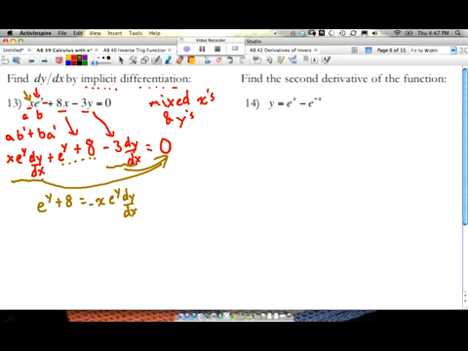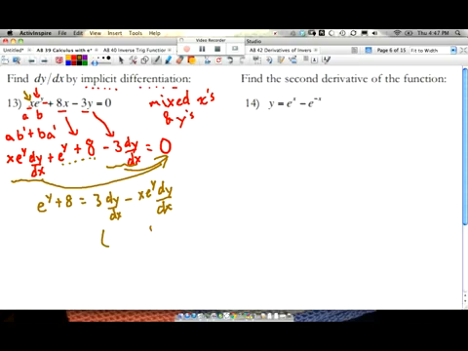But that's minus, actually. So I'm going to write that one second, just for cleanliness. So I'm going to have 3 dy/dx minus x e to the y dy/dx.